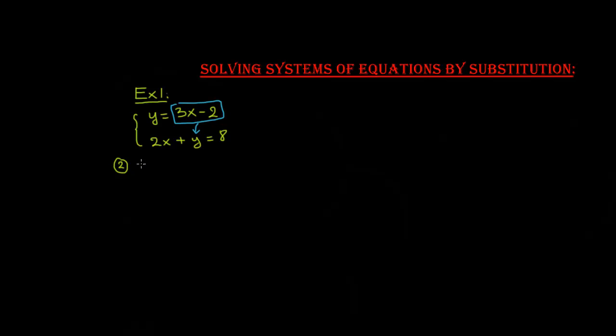On the second equation, we have 2x plus y equals 8. I will go ahead and replace y by 3x minus 2. The good thing about this equation is we have only one unknown, so I can easily solve for x by distributing the positive sign.